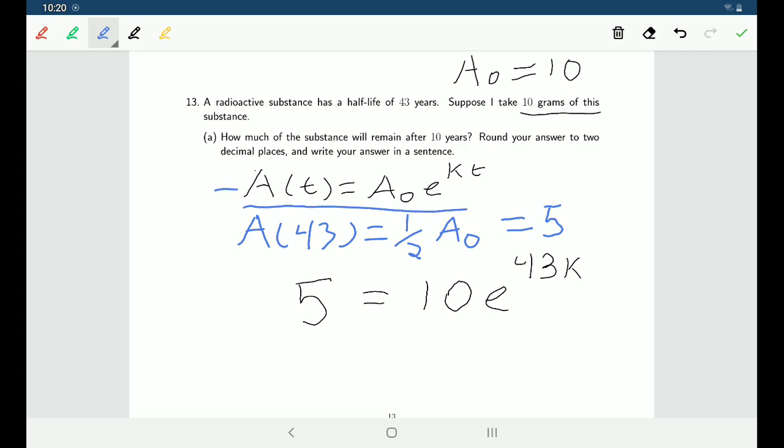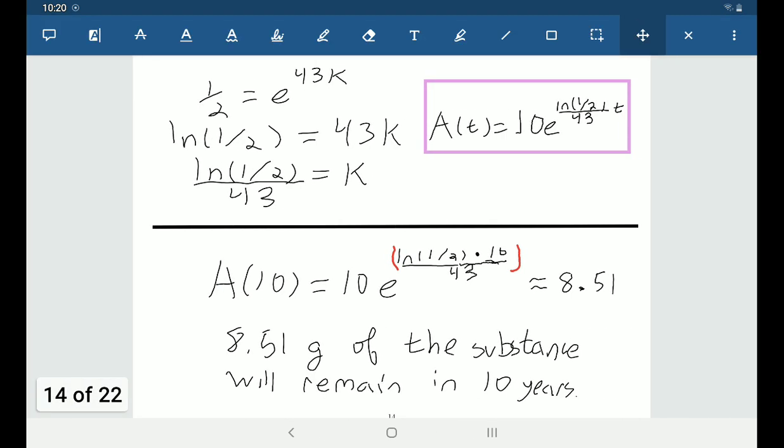And so that's what I've done. I've taken my equation and I've replaced that when time is 43, so we have a power of 43k on my exponential function. My initial amount was 10, and after 43 years, the amount that I'll have will be 5. So now I have this equation, 5 equals 10 e to the 43k, and that allows me to solve for my growth constant k.